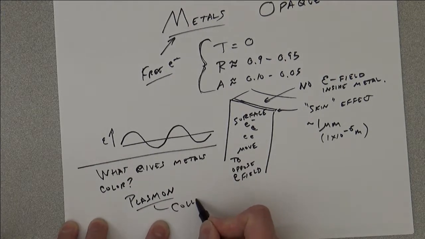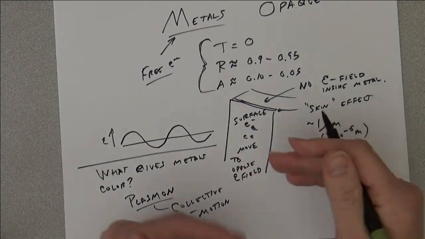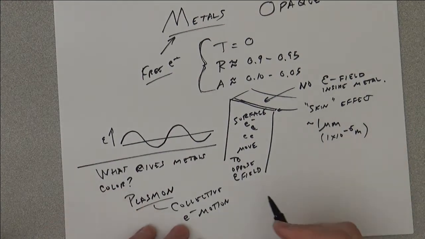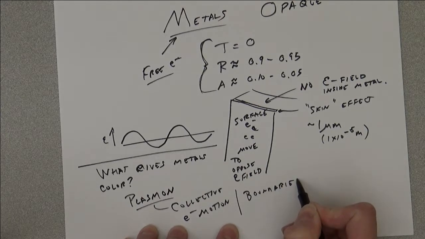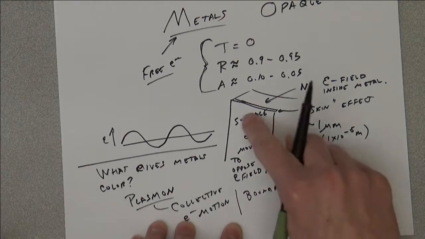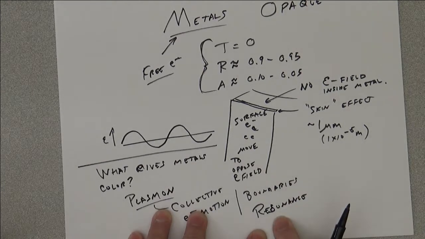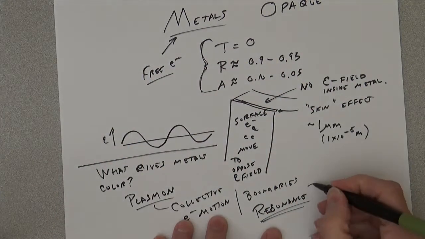Collective motion. And just as any kind of wave problem you're looking at, you're having electrons that are sloshing around, the boundaries are actually quite important. And at the boundaries, we're going to have resonant frequencies. And these resonant electron waves on the surface give color.